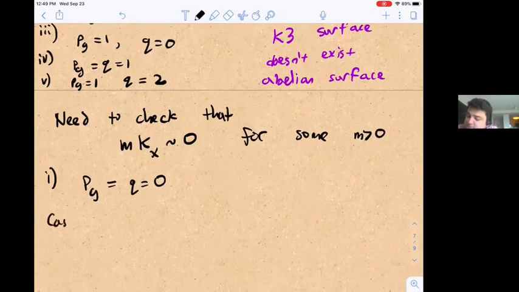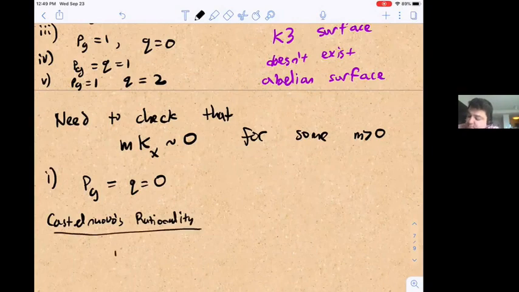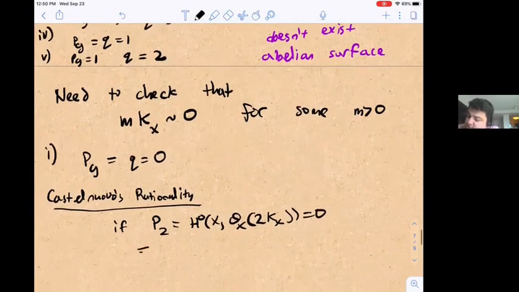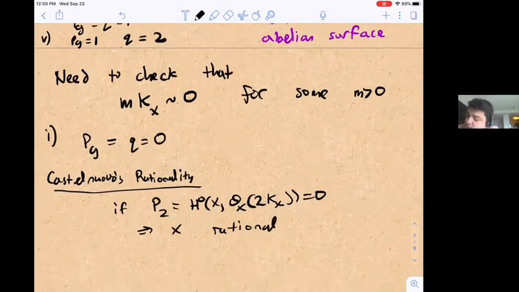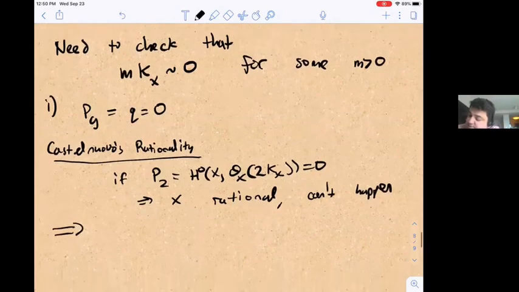We know Castelnuovo's rationality theorem, which tells us that if furthermore the second plurigenus was 0, then X would be rational, but it's Kodaira dimension 0, so it can't be rational. So this tells us that we have a section of 2K.